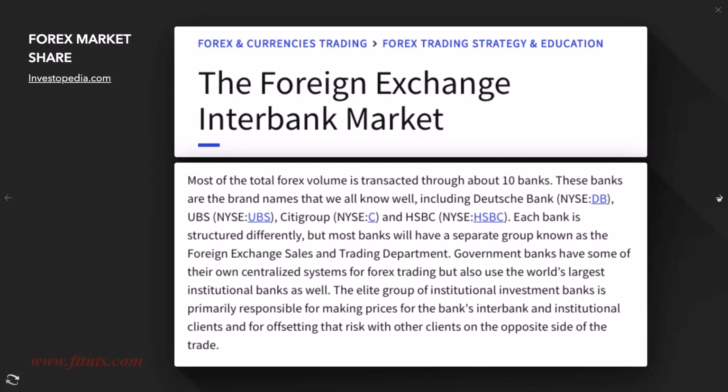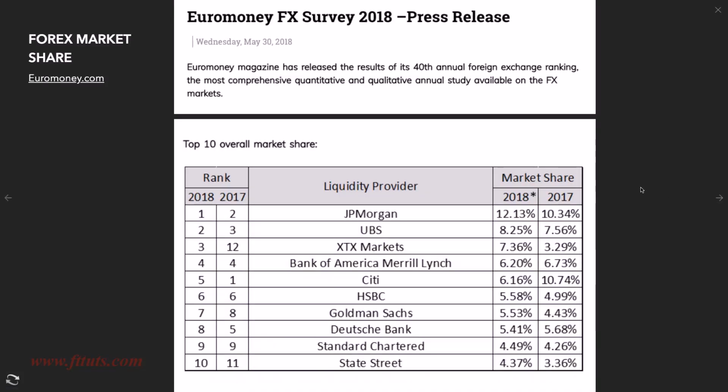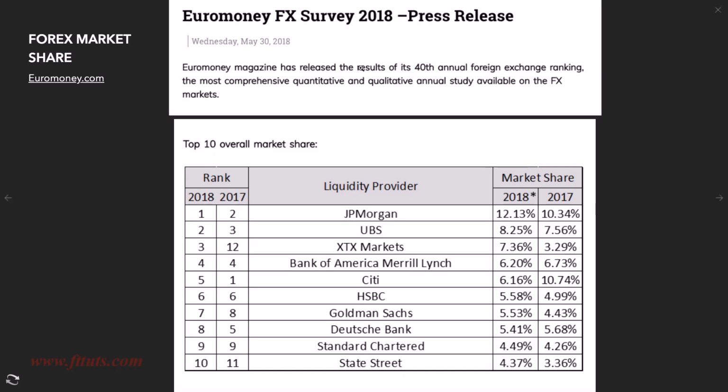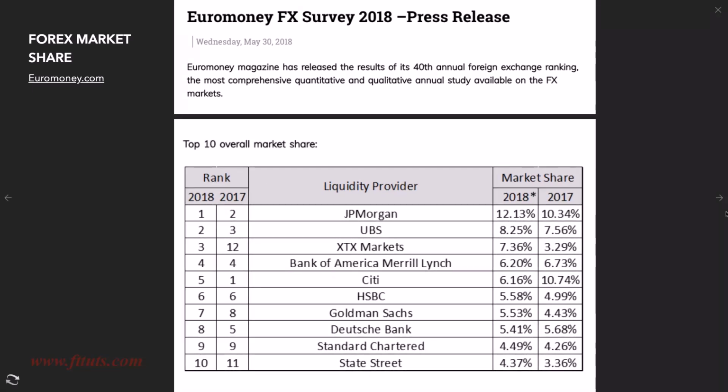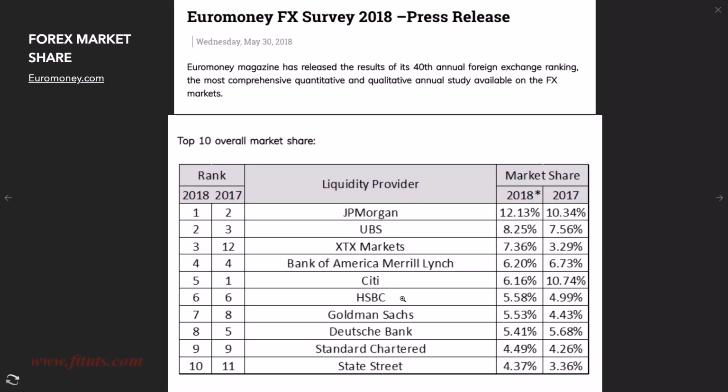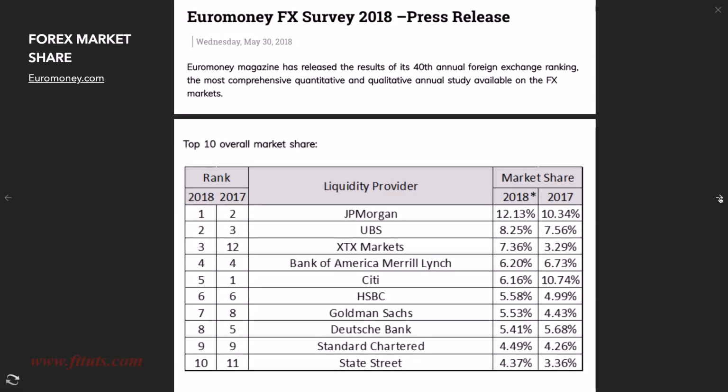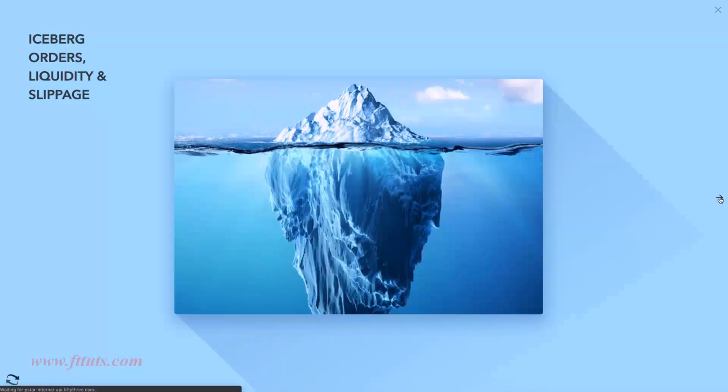So there has to be other clients to offset their main client's risk. And this is just a Euromoney survey on the major 10 banks that really move price within the Forex market, and they have a massive market share of something like maybe 50-60%.